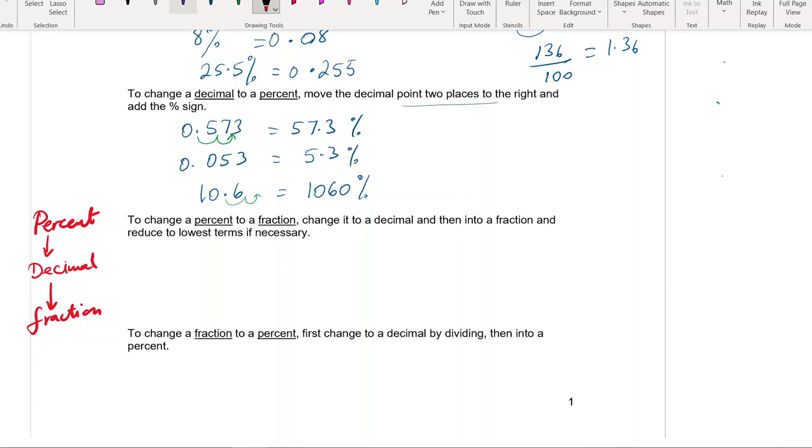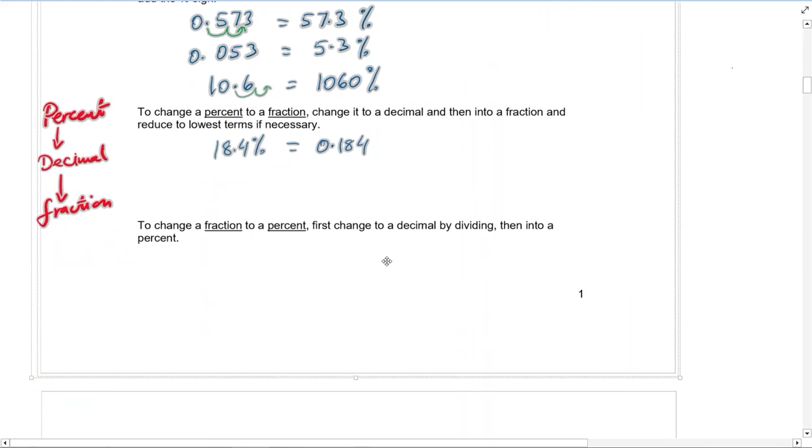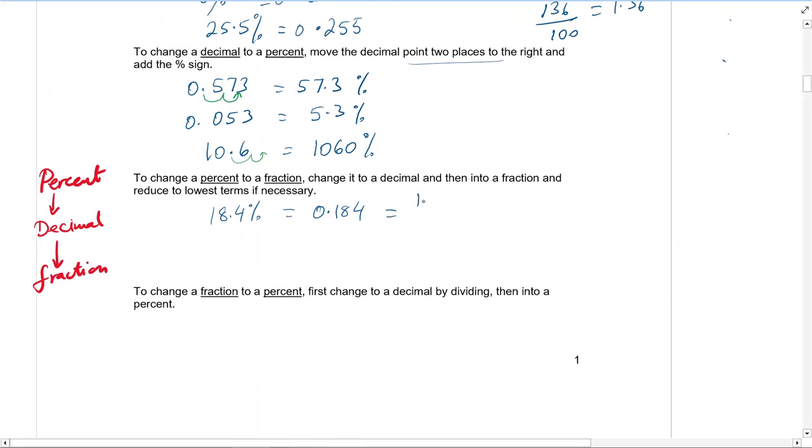So for example, take 18.4%. In decimal form, the percentage sign means divide by 100, so per 100, it would be 0.184. When we convert this decimal into fraction form, we put 1 in place of the decimal, and then we write as many zeros as there are digits after the decimal. How many digits you have after the decimal, you put that many zeros.